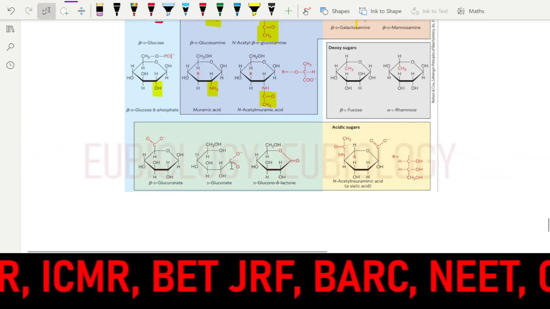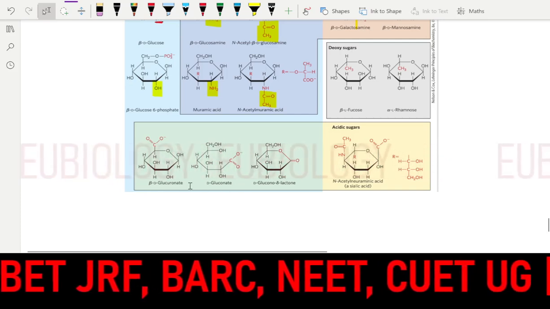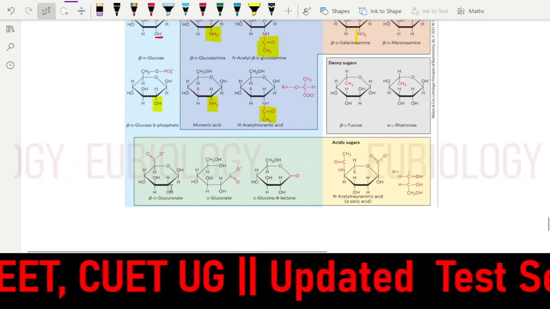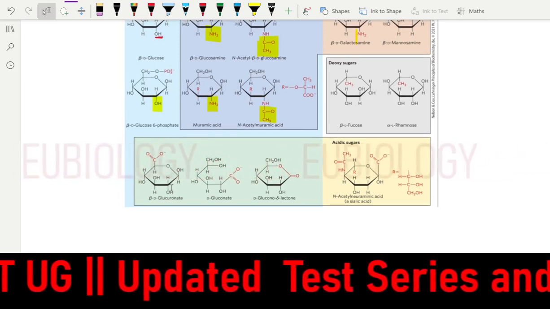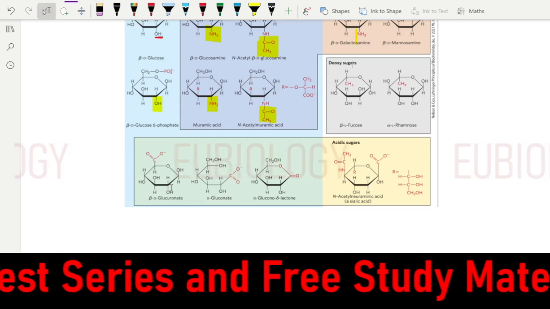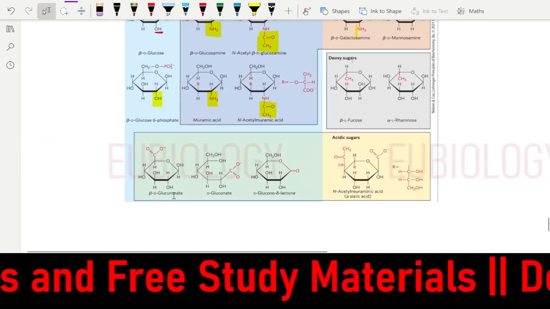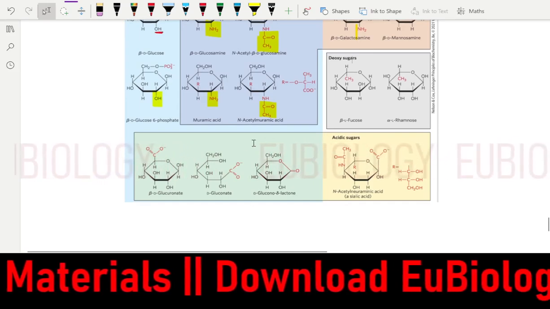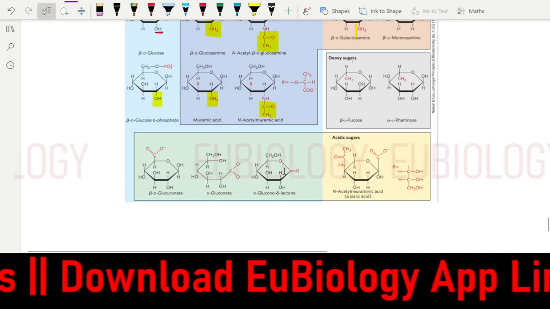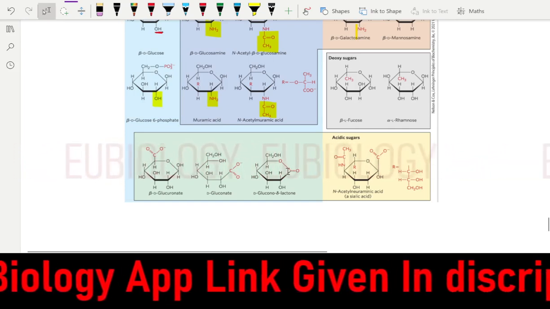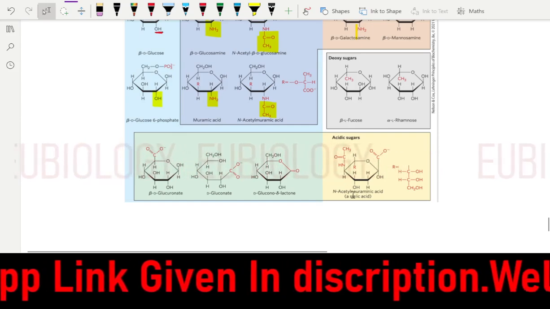Where is the aldehyde? Let me see here. Glucuronate. So finally, you are getting the beta glucuronate, which is forming the glucone lactone, and this is a very important form for recognition of the cell surface proteins, which will help in the recognition on the cell surface.